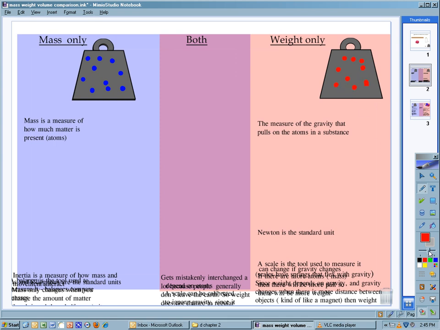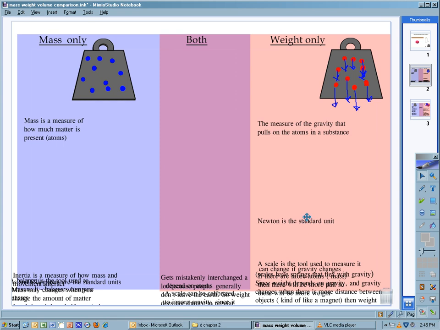But weight is actually about the pull of gravity on those atoms. So weight is actually more of the measure of the arrows here that are pulling down on each atom. So weight is more about the pull of gravity than it is about the actual atoms.